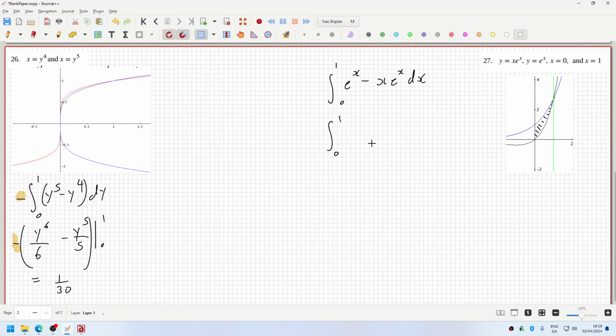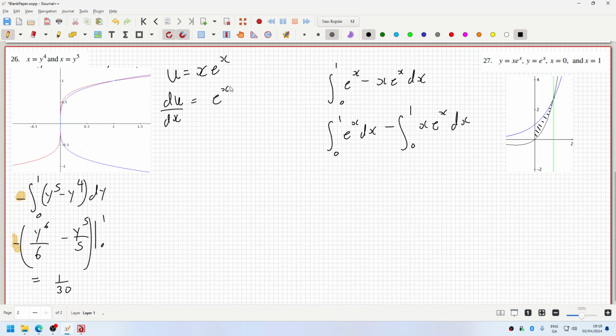So I'll have to use a substitution, but let's just split it into two because the e^x, that's A-okay. It's really the problem with the x e^x. And that's going to require a substitution. The substitution would be let u equal x e^x, I think, actually, because then du dx would equal e^x plus x e^x.